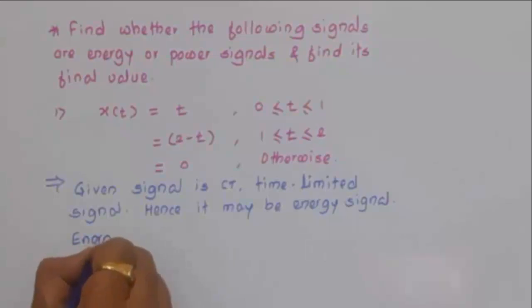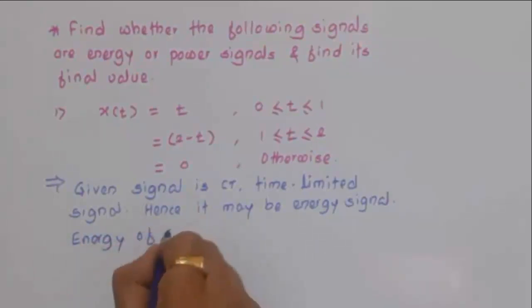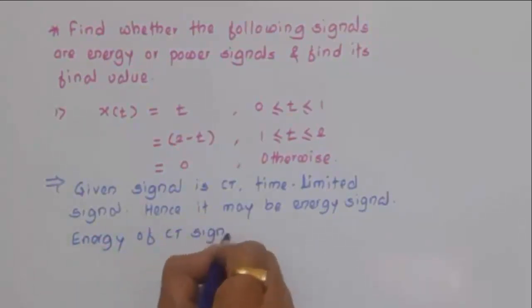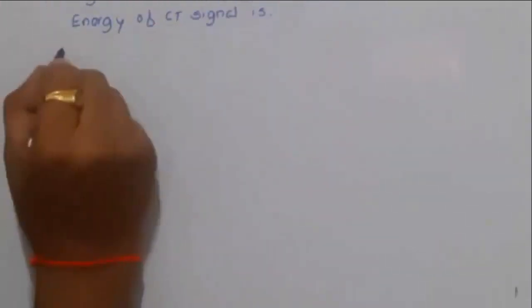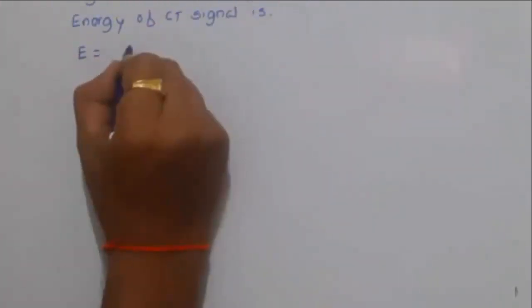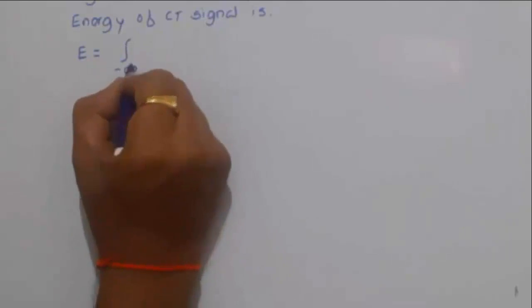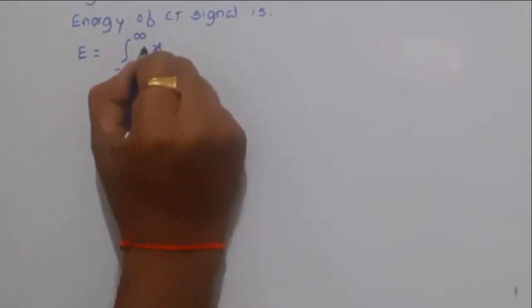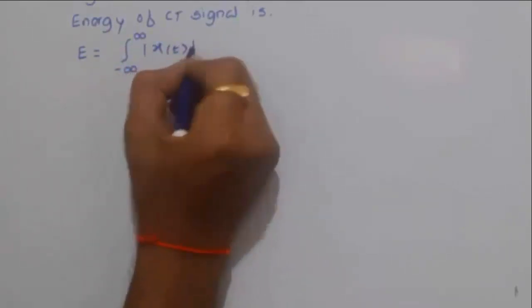Energy of a continuous time signal is energy E is equal to integration from minus infinity to plus infinity of mod of x of t squared dt.